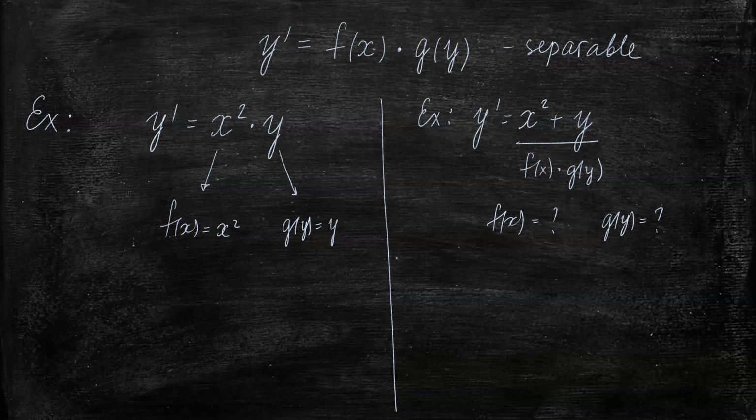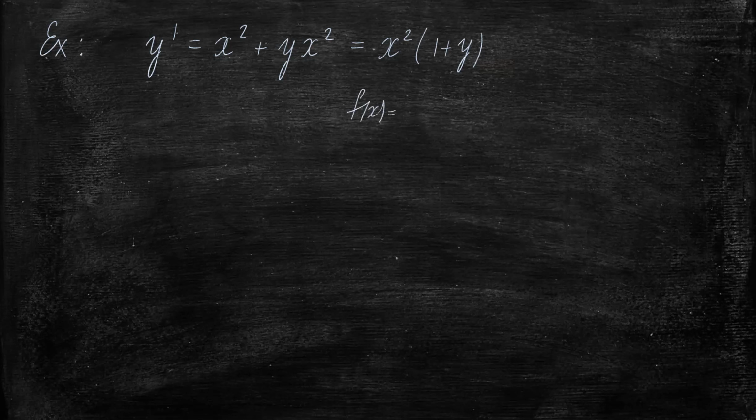It is impossible. So therefore, this is not separable. And this one is. So let's do a couple more examples of separable and not separable.